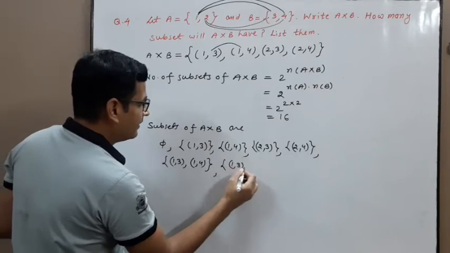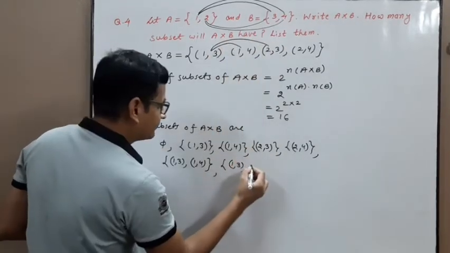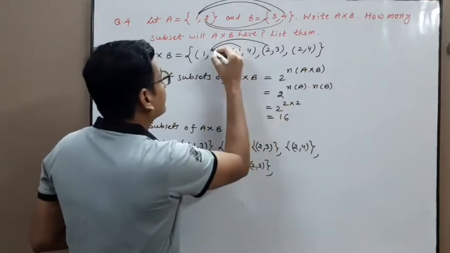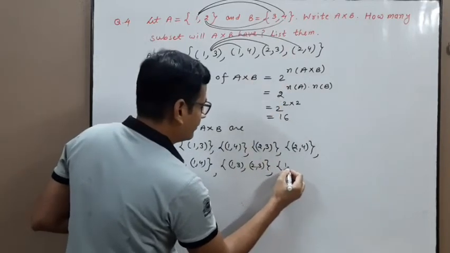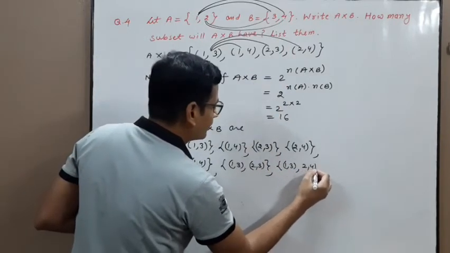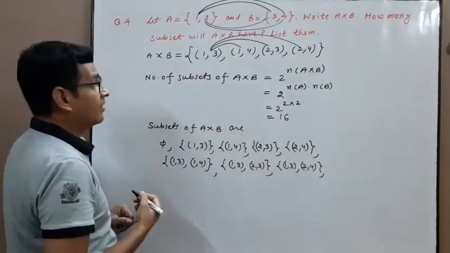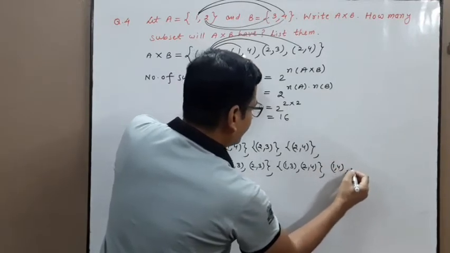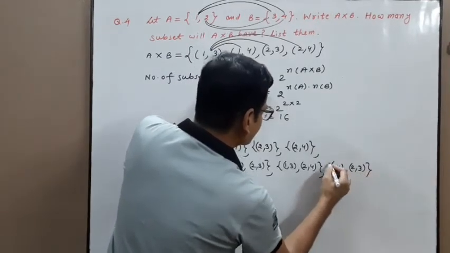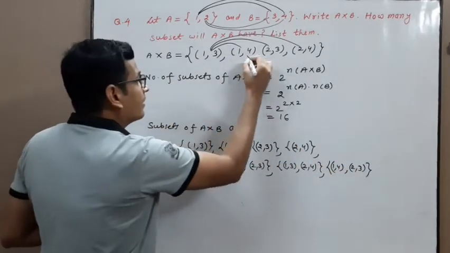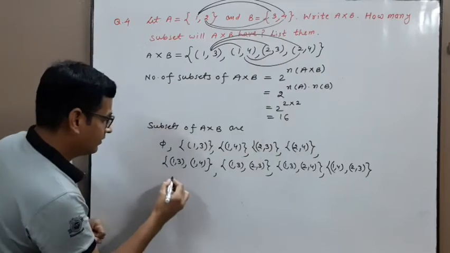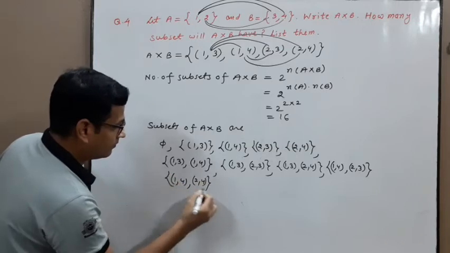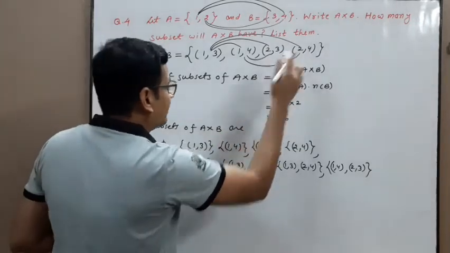After this (1,4) and (2,3). Now (1,4) and (2,4). After this (2,3) and (2,4).